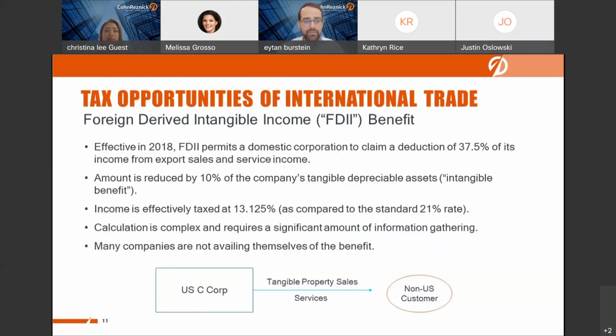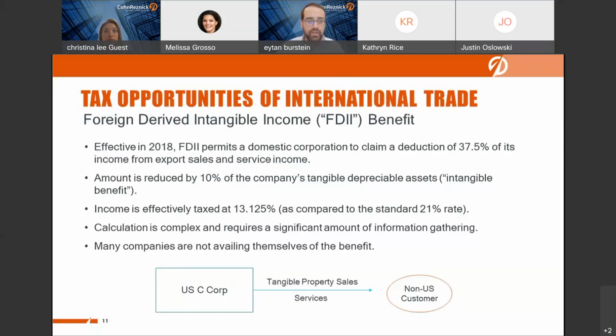It's one of the few benefits that was part of the 2017 Tax Act, but it's a significant benefit, specifically related to sales of products by U.S. companies to non-U.S. customers, as well as the provision of services to non-U.S. customers by U.S. corporations. And the income associated with those sales and services is eligible for a 37.5% deduction, which is quite significant.